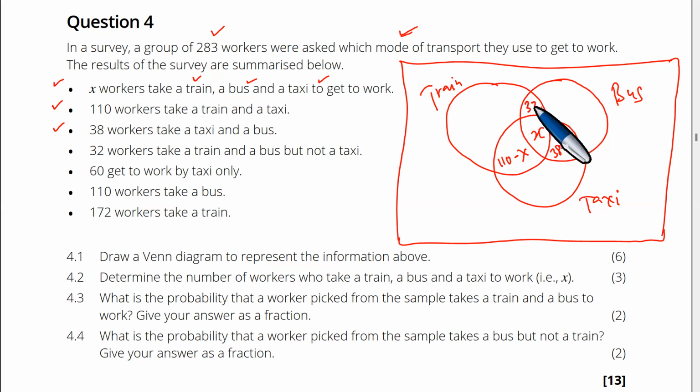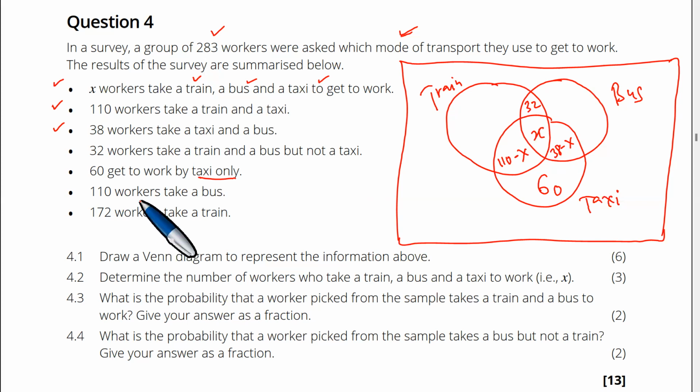So these are only 32. 60 get to work by taxi only. So taxi only, it's 60. Remember, it's taxi only, so it means it's sitting here. It's only taxi. Like this is only bus and this is only train.